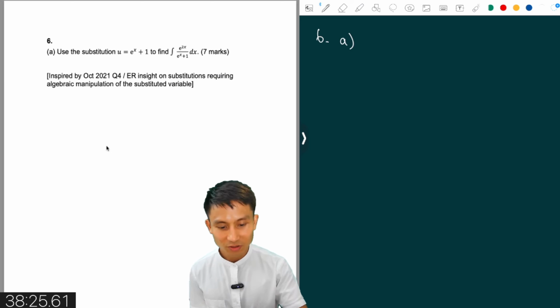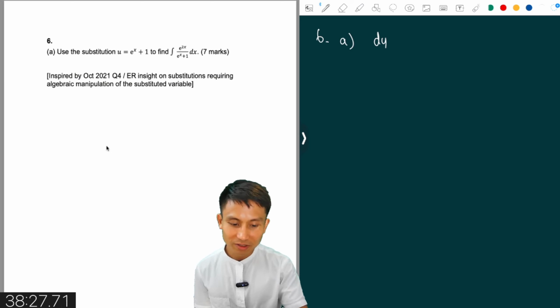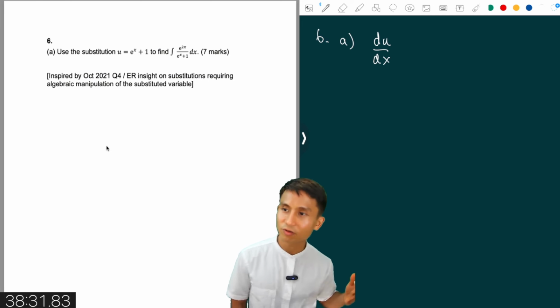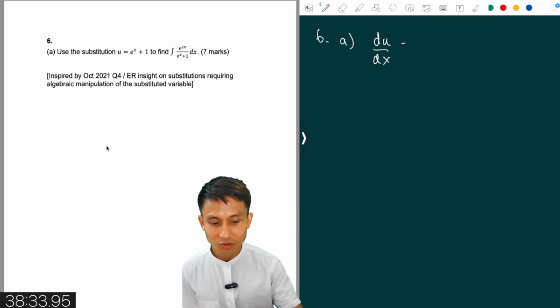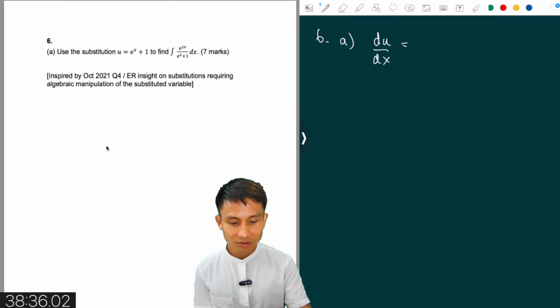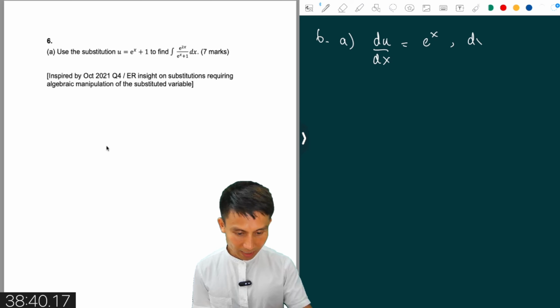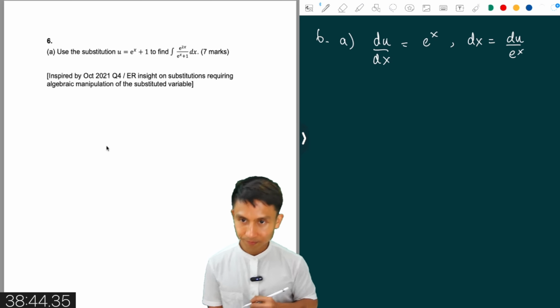Okay. So in the first step, we need to differentiate the substituted expression with respect to the previous variable, which is x. So du by dx is just e to the x. That means dx is du over e to the x.